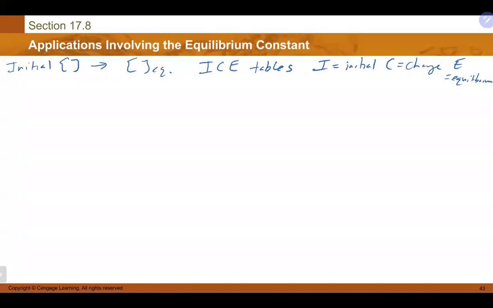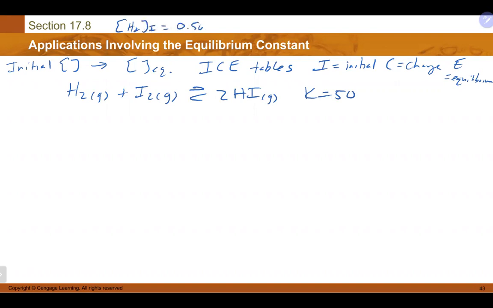So let's say we had a problem like the equation we just saw, which was H2 plus I2 gives us 2HI, and they gave us our K value there of 50. Let's just say that initially we started with an initial concentration of H2 of 0.5 molar, and I2 also initially 0.5 molar.